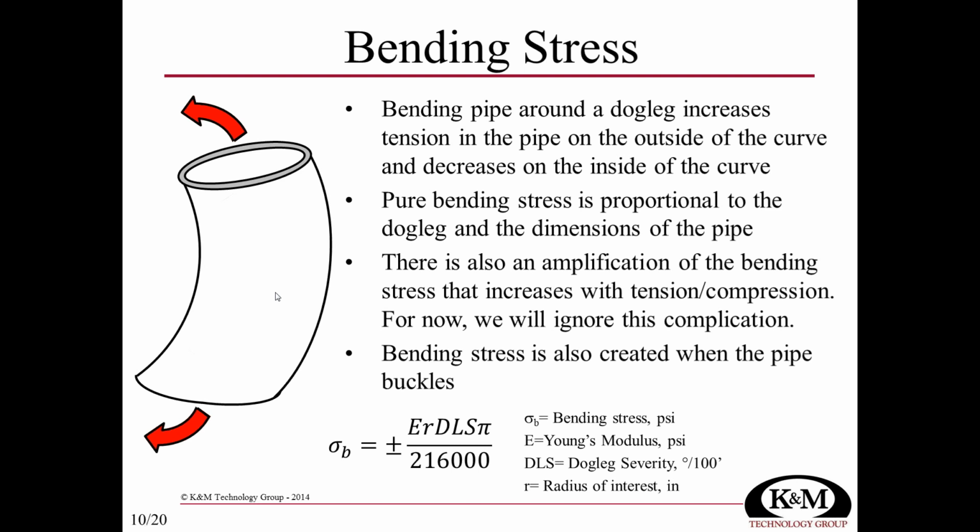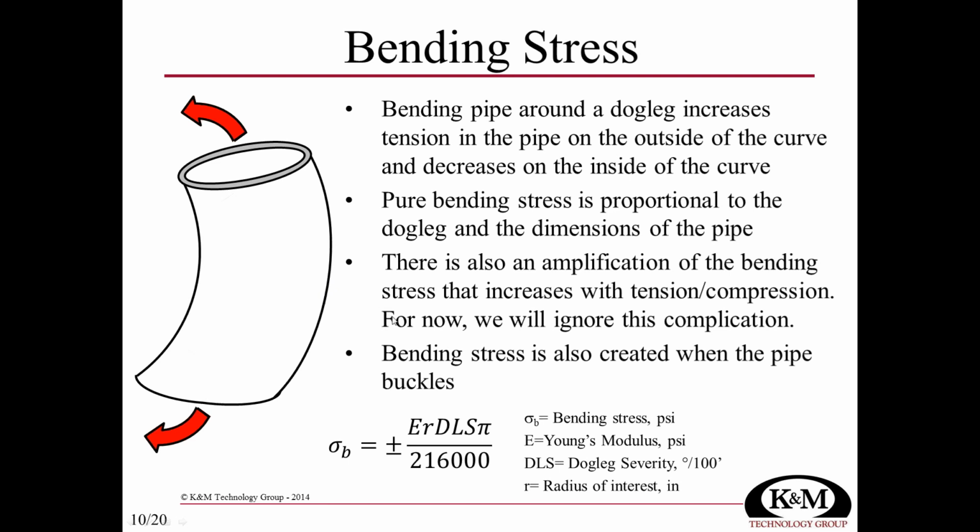And what I mean by that is this fiber in the pipe right now is in tension, but if we were to rotate it 180 degrees, all of a sudden it would find itself over here on this side, and now it's being compressed. So as we rotate, those fibers are getting flexed back and forth, back and forth, back and forth like a paper clip. And that can ultimately lead to fatigue, which we'll cover in a separate section.